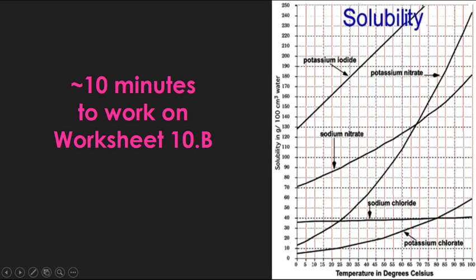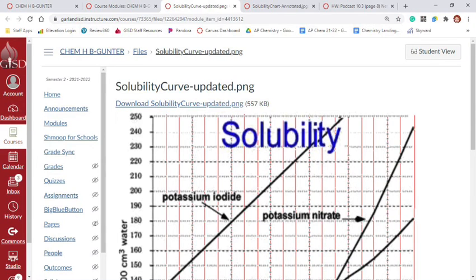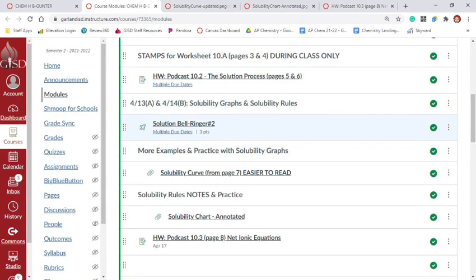So at this point in class, I gave people about 10 minutes to work on worksheet 10B, and I did post a second version of the solubility curve. It's in our module underneath today's date, called Solubility Curve from page 7, easier to read.